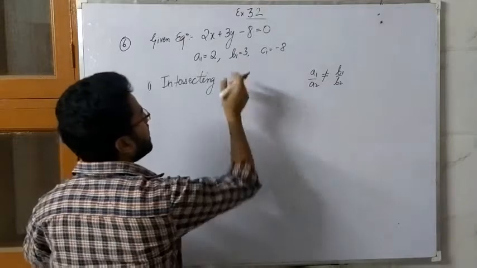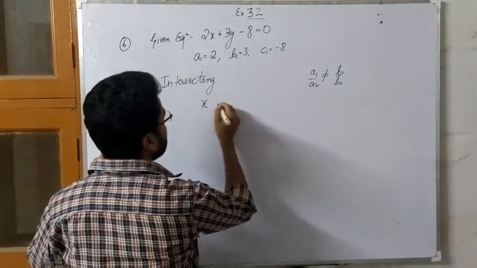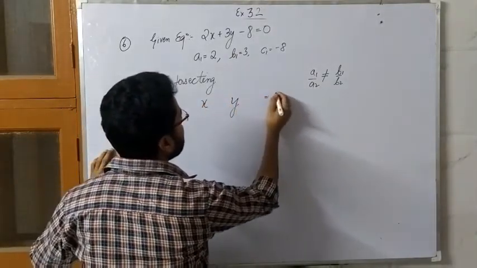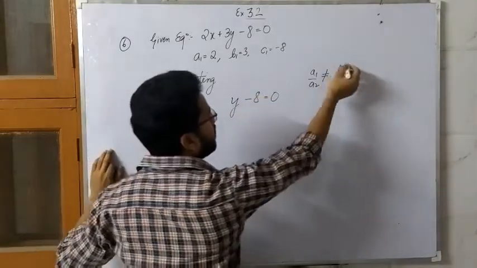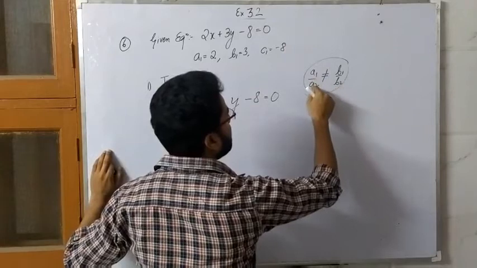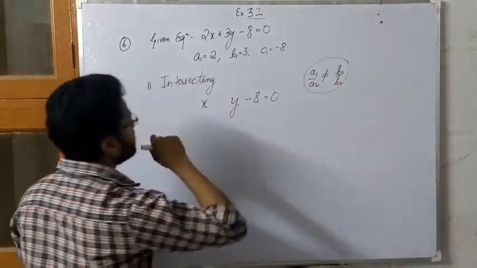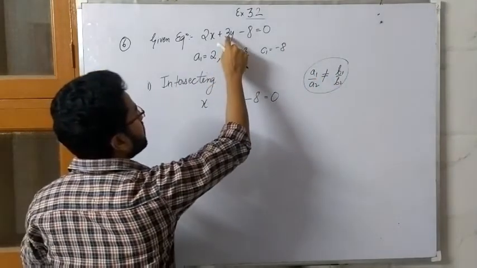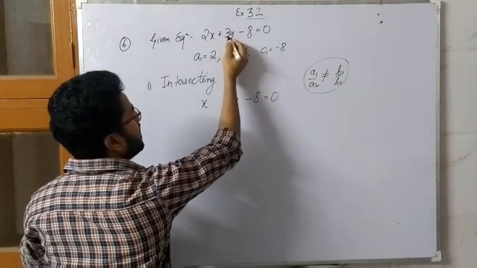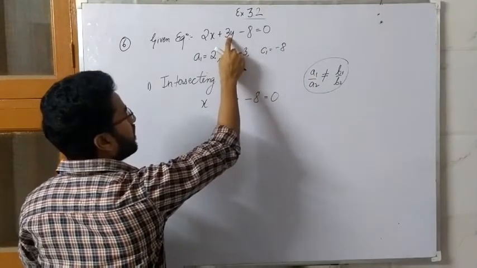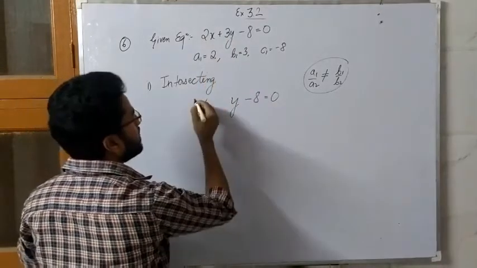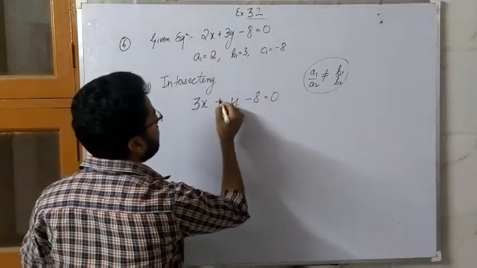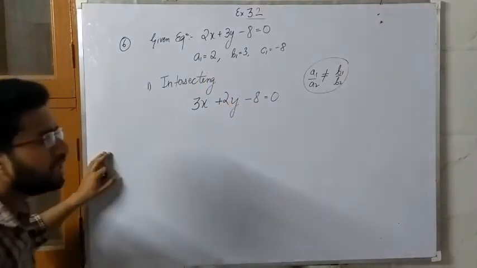So there is one simple trick. What you need to do, x will come, y will come, equals 0 will come, right? And let's say this is minus 8, not a problem. We have to focus on these A1, A2, B1, B2. So there is a simple trick. Just this 3, the coefficient of y, write it with x, and write the coefficient of x with y, right? So 3x plus 2y, right?